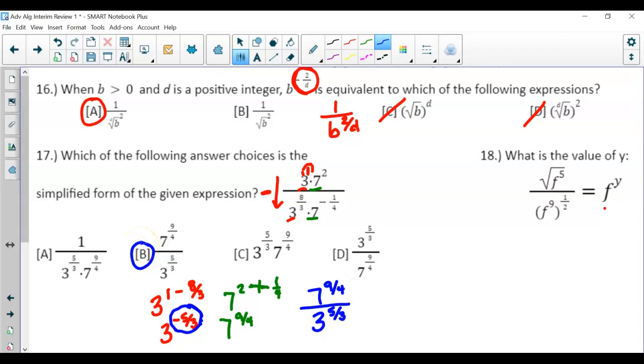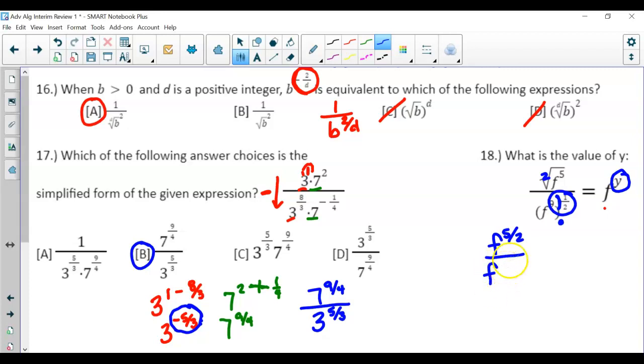So then question 18, what's the value of y? So we're just trying to get the new exponent here after simplifying. Now keep in mind up top, that says the square root. So remember, it's understood to have an index of 2. So if I want to rewrite that, that is f to the, not 5/1, right, but 5/2. Then here we have a power to a power, parentheses, so multiply.